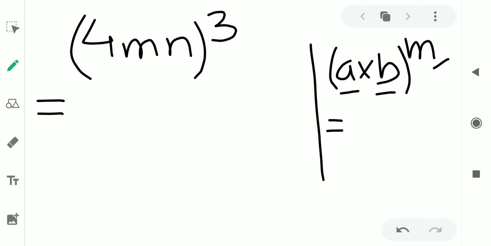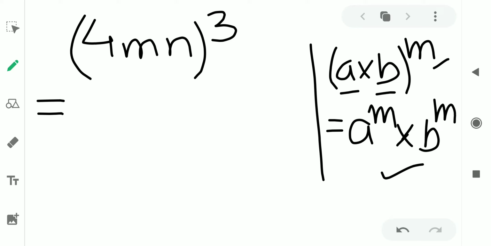So in that case, the power will go with a also and with b also. The formula is a to the power m into b to the power m. If we have c also, then it will be into c to the power m also. If d is there, then into d to the power m, and so on.